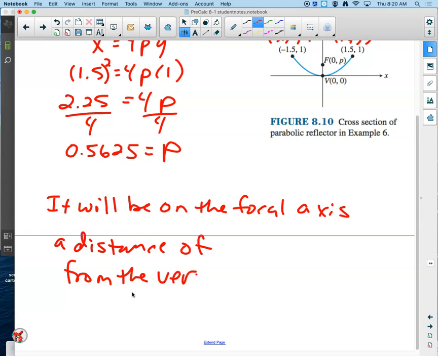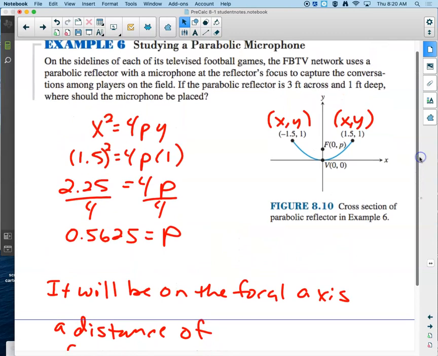Now the reason I'm saying something is because I need to go back and look at the labels and figure out if this was in feet, maybe I could give them a better idea if I change it into inches, that type of thing. So let's go back and see. 3 feet across, 1 foot deep, so this was in feet.